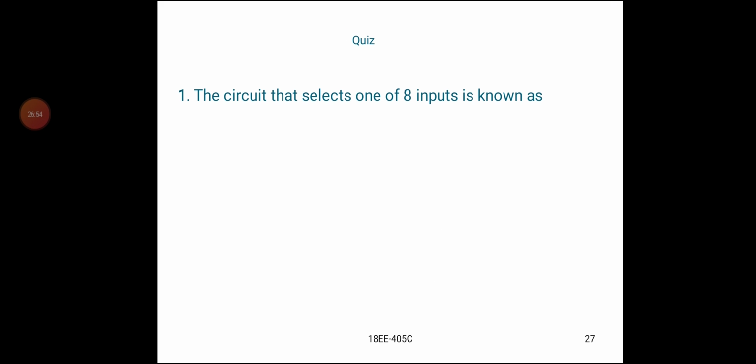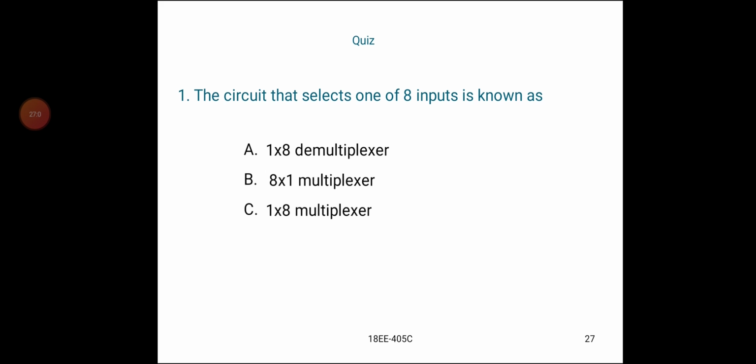Question: the circuit that selects one of 8 inputs is known as: A, 1 into 8 demultiplexer; B, 8 of 1 multiplexer; C, 1 of 8 multiplexer; D, 8 of 1 demultiplexer.